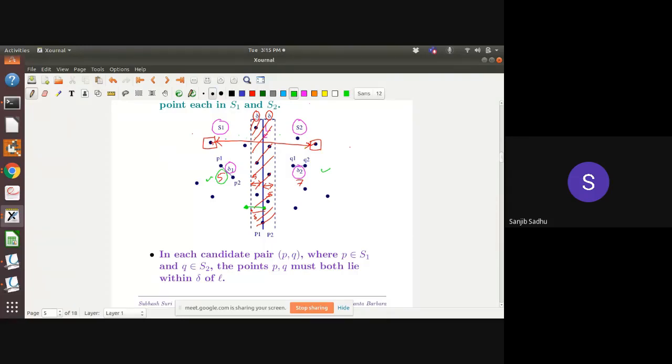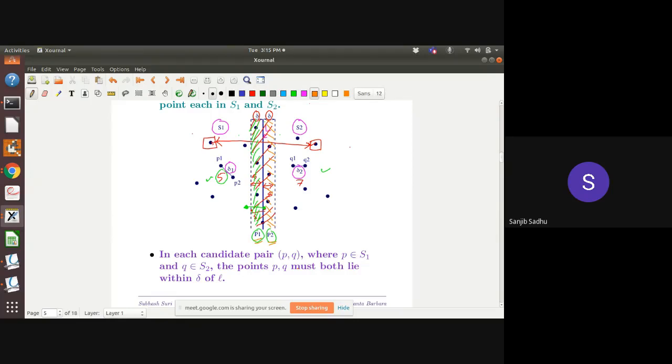Now, in the worst case, see, there are two strips, P1 and P2. P1 is the set of points lying within the left part, and this part is P2. Clear? Now how much time will be needed to compute the distance between P1 and P2?